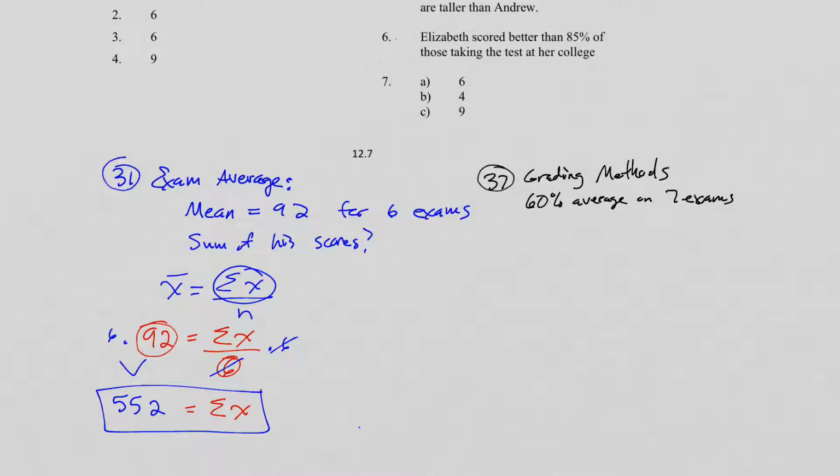Okay, that's passing. Now, on the first 6 exams, Cheryl receives grades of 52. Oh, that's not good. 72, not bad. 80, pretty good. 65, 57, not so good. And a 69.